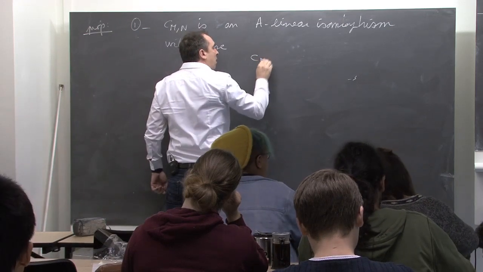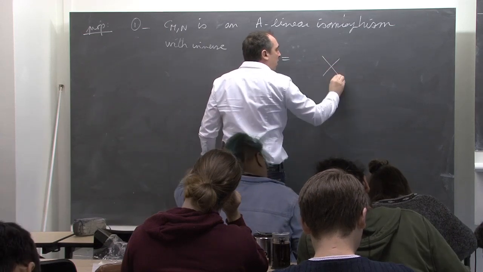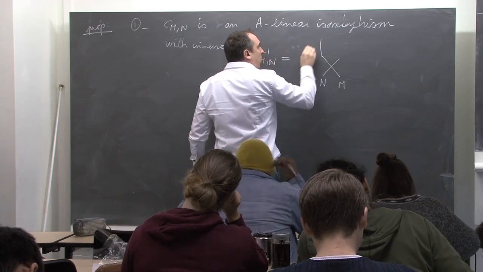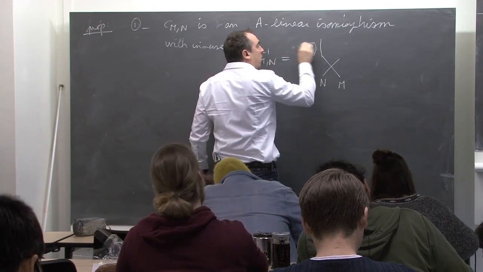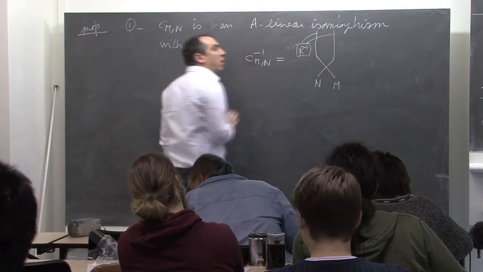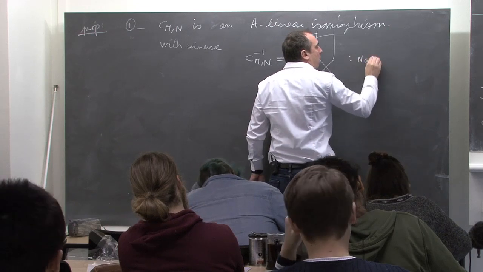C_{M,N} inverse is computed like this: you go to N tensor M and you put R inverse. I recall that R is invertible like this. Go to N tensor M.